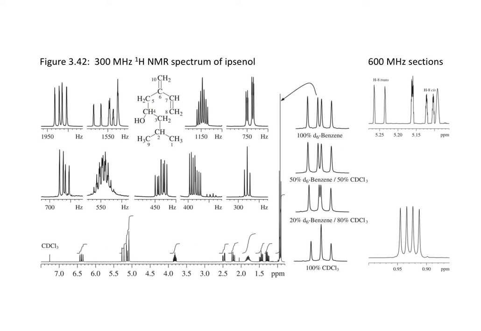Figure 3.42 depicts the NMR spectrum of ipsenol. We will return to this spectrum a couple of more times as the course progresses. It is introduced here for the first time. I will label the proton spectra at the bottom.